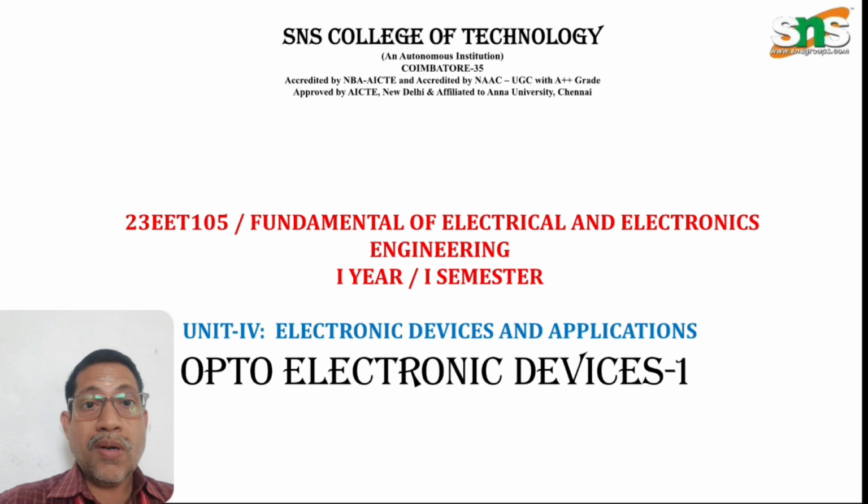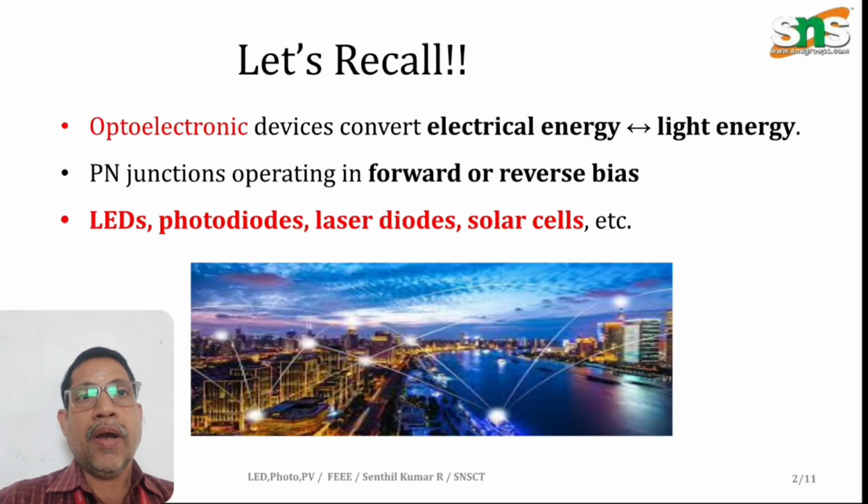Now, what is an optoelectronic device? Electronic devices deal with semiconductor materials, and opto means light. Therefore, an optoelectronic device is a device which converts electrical energy into light energy, or vice versa, from light energy to electrical energy.